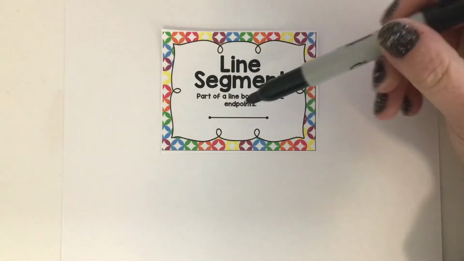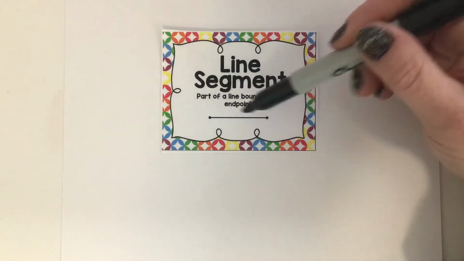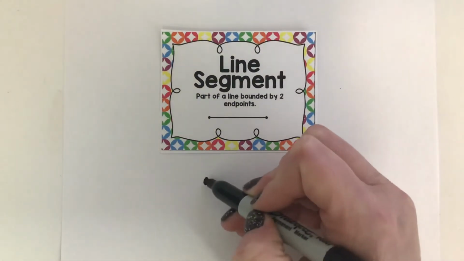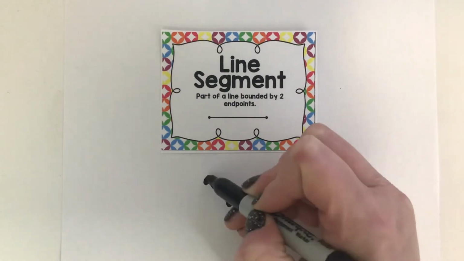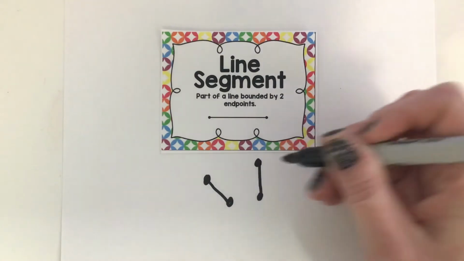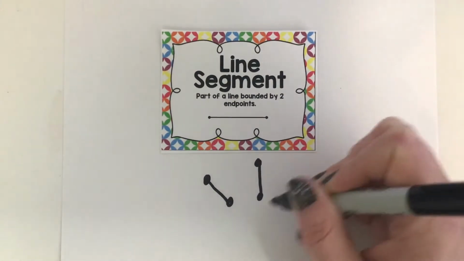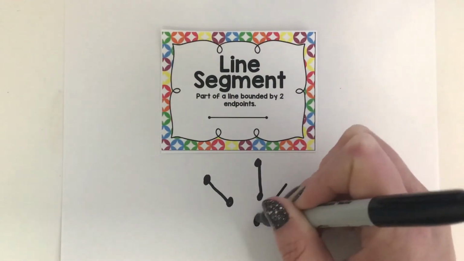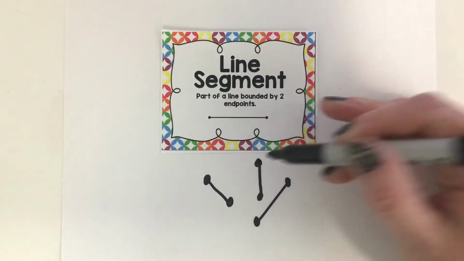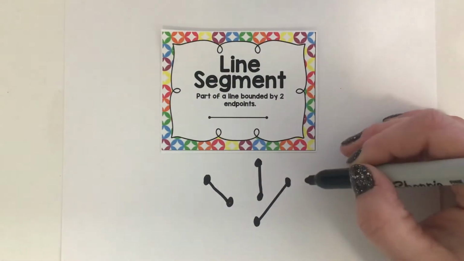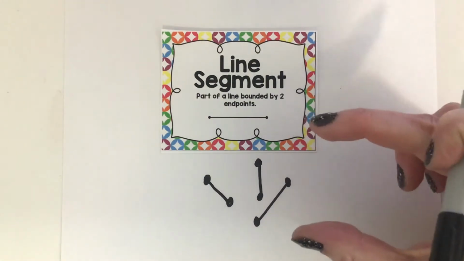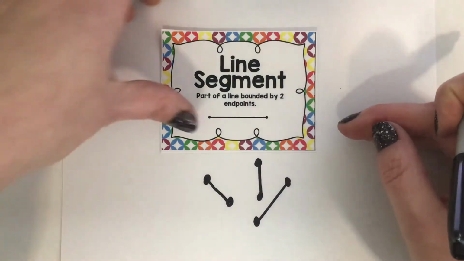It can't get any bigger, it can't get any smaller because these two endpoints stop it. A line segment can be going any direction, but it's not ever going to go any further than those two endpoints. So a line segment is just a piece of a line, all right?